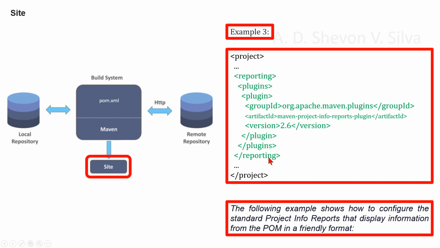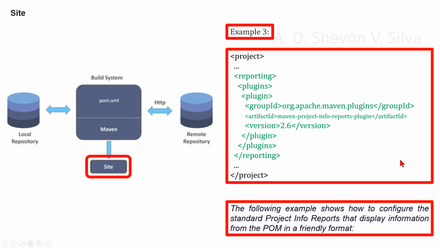If you have included the appropriate menu ref equals reports tag in your site descriptor, then you can generate the site. Those items will appear in the menu called Project Reports. Many report plugins provide a parameter called outputDirectory, or similar, to specify the destination for the report outputs.